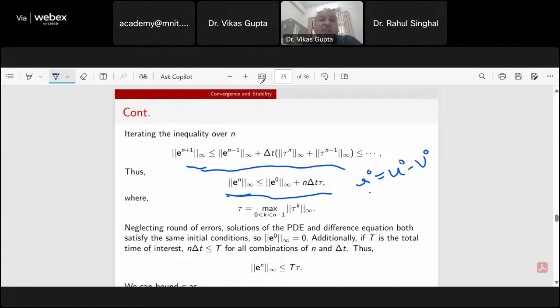Additionally, if T is the total time, that is, total time of interest, that is final time T, in that case n delta t will be less than or equal to T for all combinations of n and delta t.